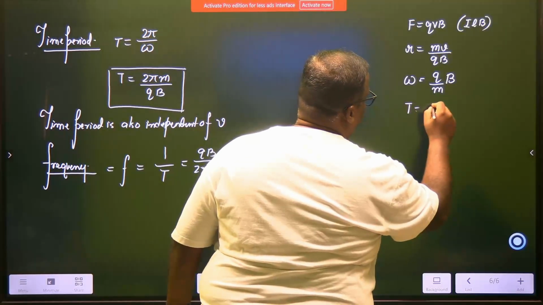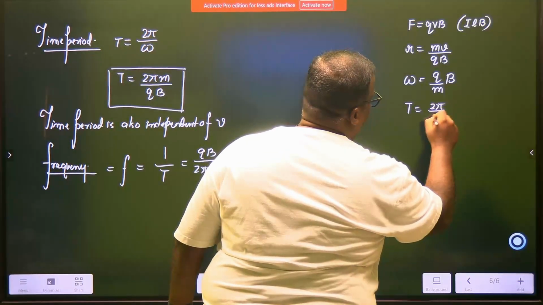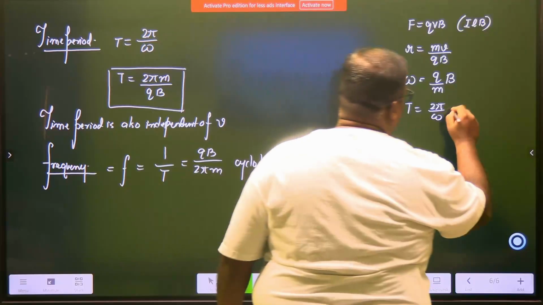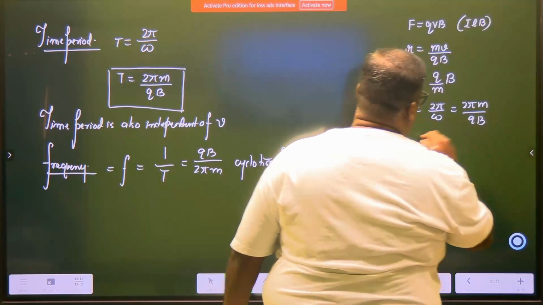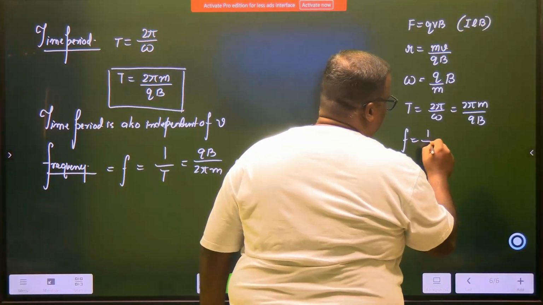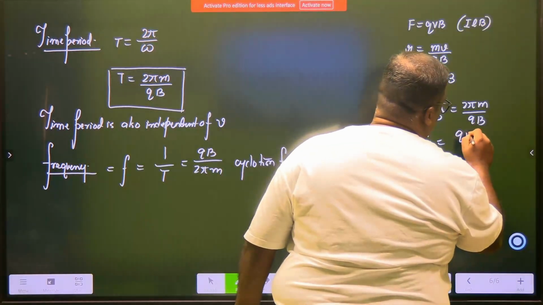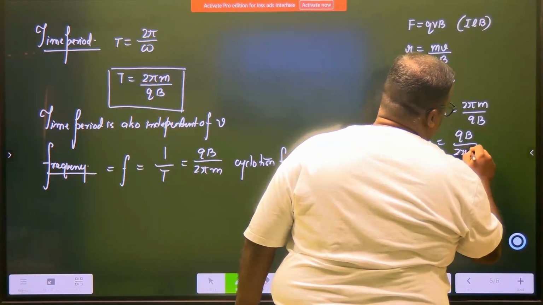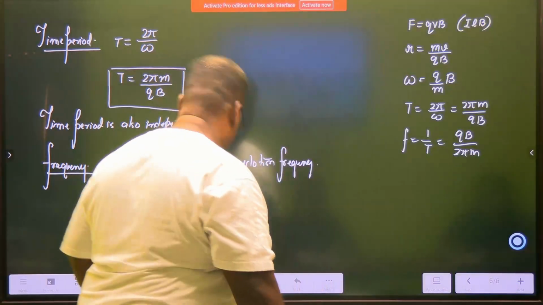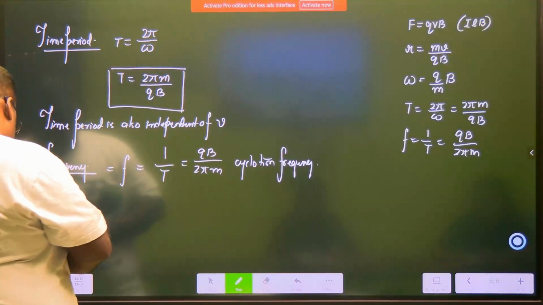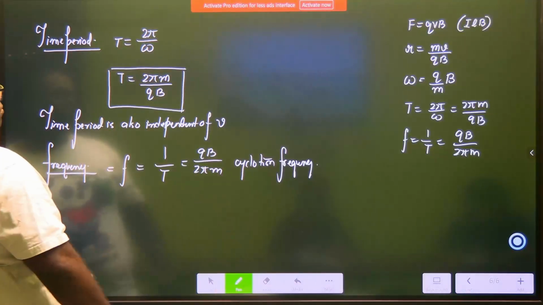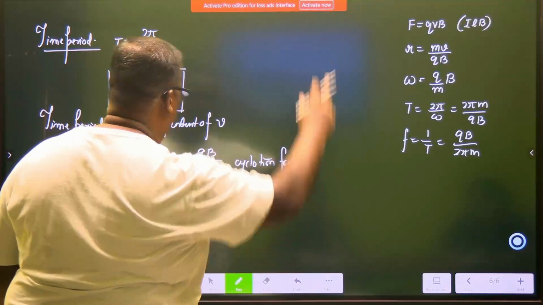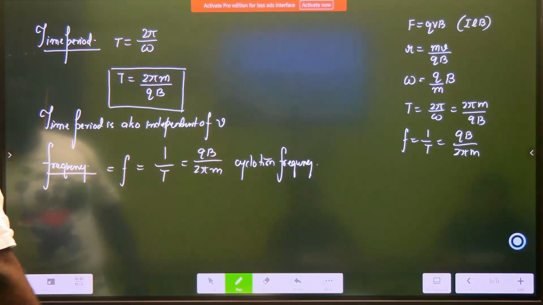Time period is 2 pi by omega, so it becomes 2 pi m by qB, and frequency is equal to 1 upon time period, so it becomes qB by 2 pi m. This is the frequency. After this we will have the normal Biot-Savart laws and all, where your ILB question will come.